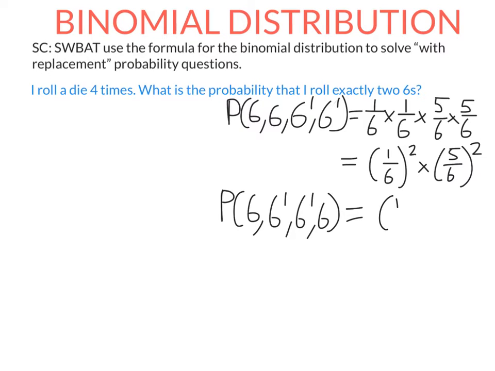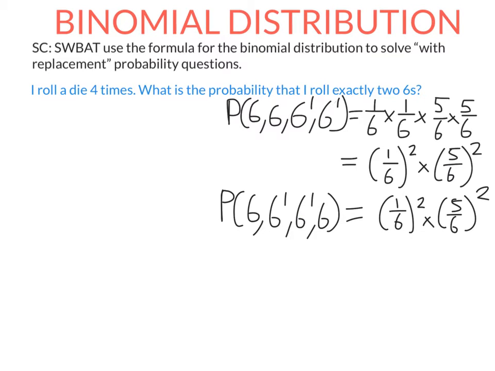It would be 1/6 squared times 5/6 squared. So the 1/6 squared comes from the 2 6s. Probability of this is 1/6, 1/6, times them together, you get 1/6 squared. The 5/6 squared comes from the 2 not 6s. This has probability 5/6. This has probability 5/6. Probability they both happen, I just square them, right?